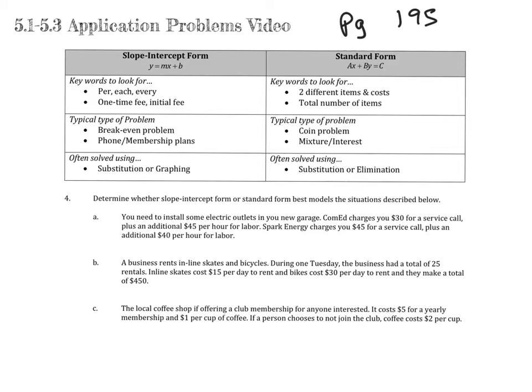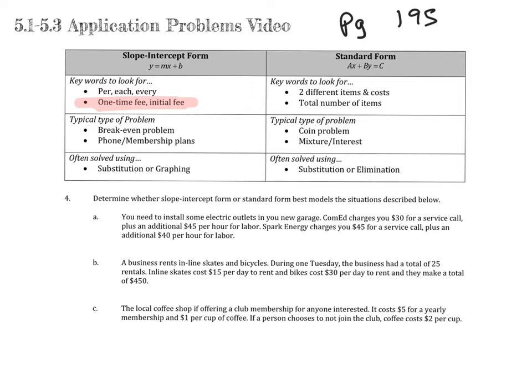So for slope-intercept form, we've written these before. Anytime you see something where you've got like an initial fee, a one-time fee, or a starting amount, that's your y-intercept, and you would see something about per, each, every, that would be your slope. So we'll see some of those.